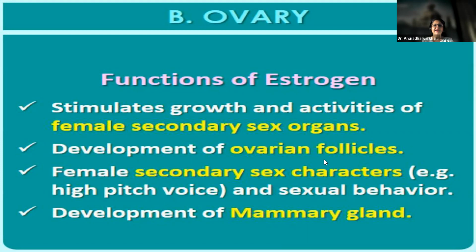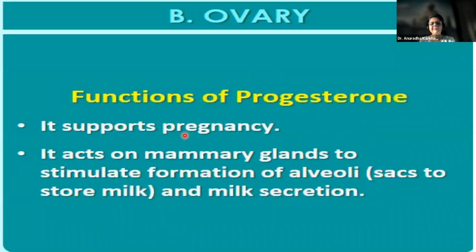Female secondary sex characters, for example high pitch voice, sexual behavior of females, development of the mammary glands, all are under the influence of estrogen. Okay, now progesterone is called the pregnancy hormone, and estrogen is responsible for maintaining the ovarian follicles, menstrual cycle, mammary glands. Correct?